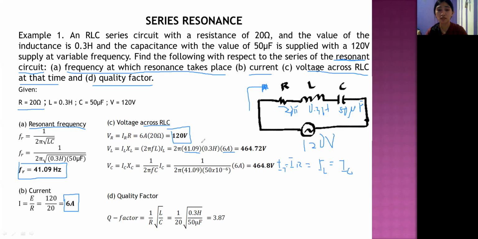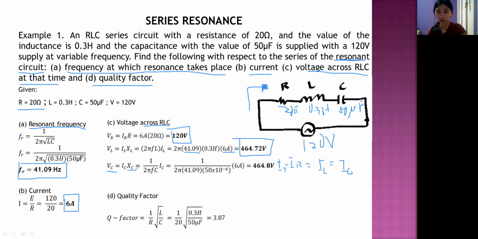We'll just plug in the values: 2 pi times 41.09 times the inductance, which is 0.3 henry, times the current, which is 6 amperes. If you calculate it, you will have the value of 464.72 volts.